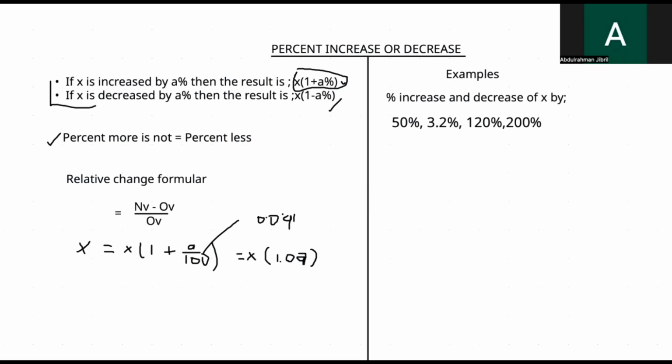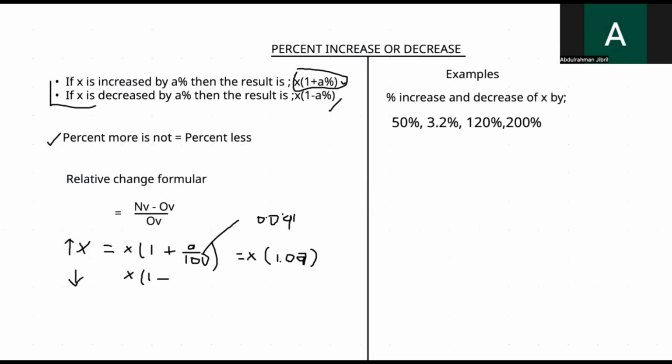Now let's move to the next case where there's a decrease. This is very simple. What you just do is to subtract. Instead of adding, if it's percent decrease, so this is percent increase for you. Now, if it's percent decrease, it will be X, but then 1 minus your A over 100.